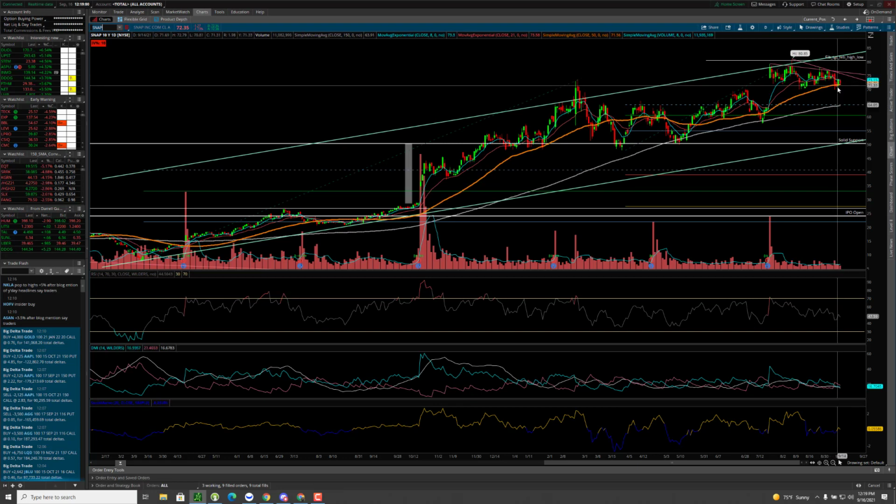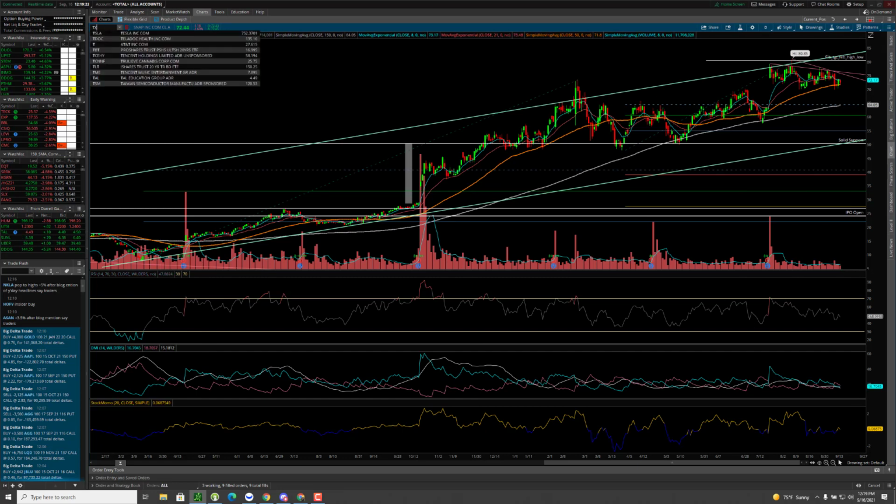Then on this day when it broke down, I took a put and then again got stopped out. And so yesterday I took a long. Right now it's just an inside day. As long as it is above the 71.20 area, I'm holding on to it and I'll see what happens. Then we had TXN.